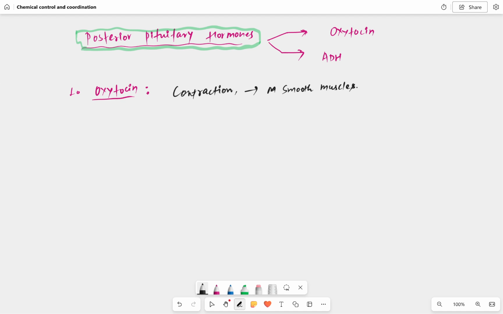So oxytocin shows its broad role in the pregnant lady during parturition.